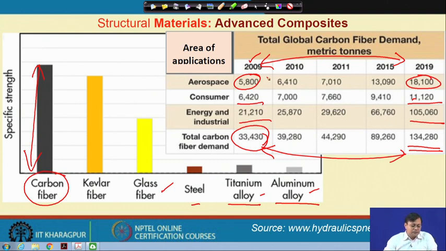So, there is definitely a large demand for making composites using carbon fiber, and carbon also has a great advantage, because carbon has the highest melting temperature among all the different elements in the periodic table.